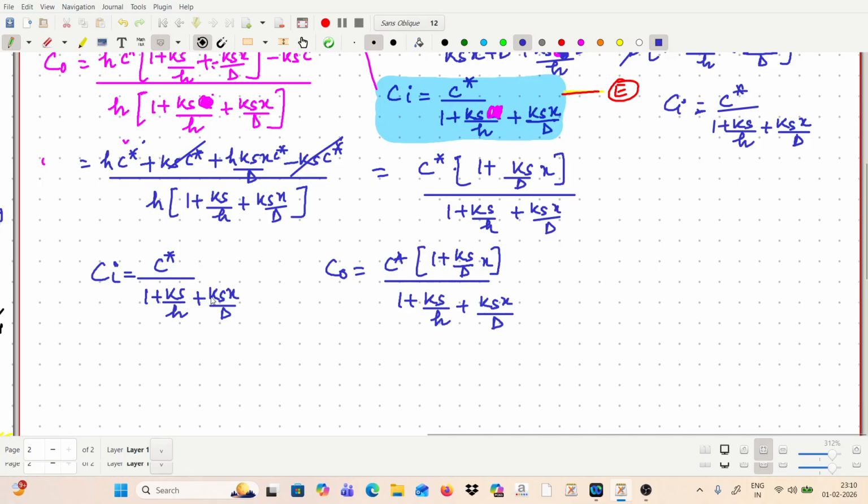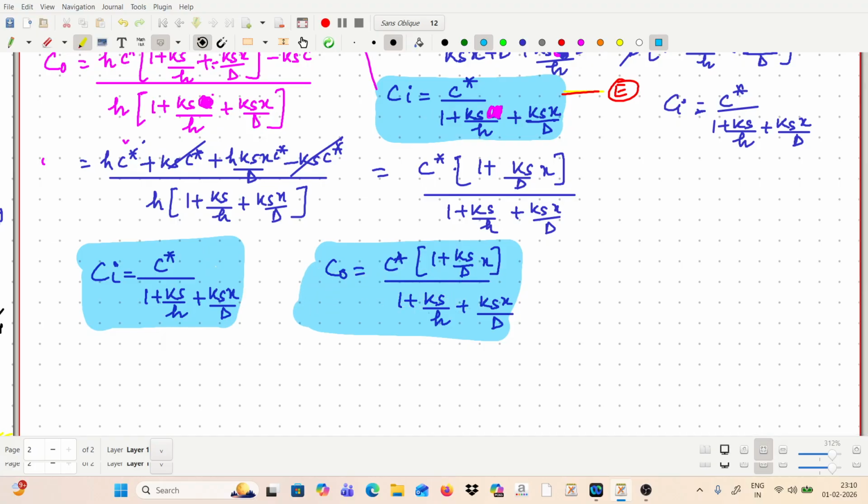Okay, so this one is the Ci and C naught expression. Sorry, I made some mistake, that's why there is a delay. Ci and C naught are now known to us.